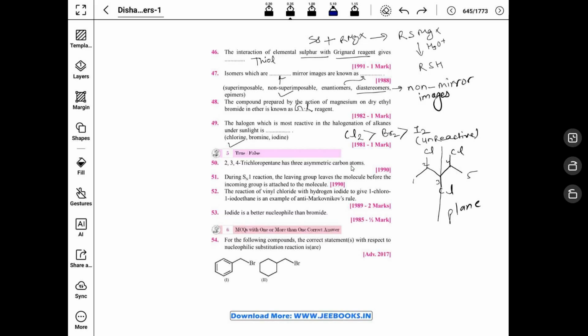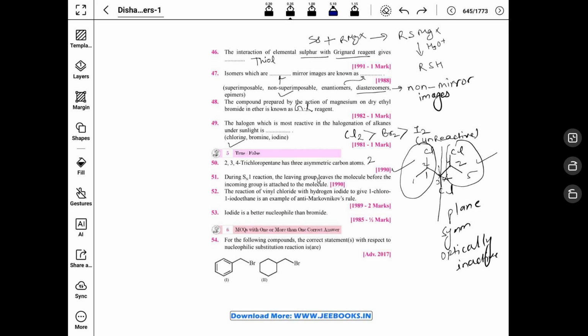When a compound has a plane of symmetry, it is optically inactive. But he is asking how many asymmetric carbons are there. This middle carbon is not asymmetric because its attachments, one is this, second is this, are the same, third is hydrogen, fourth is chlorine. But the attachments on carbons 2 and 4 are different, therefore it has only 2 asymmetric carbons.